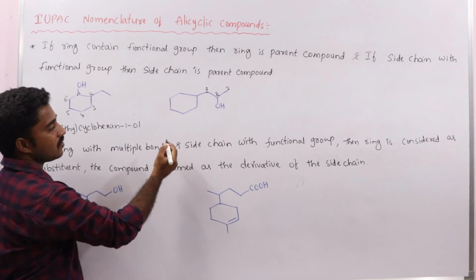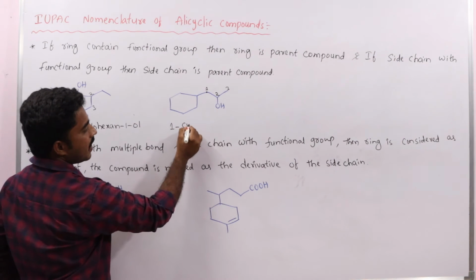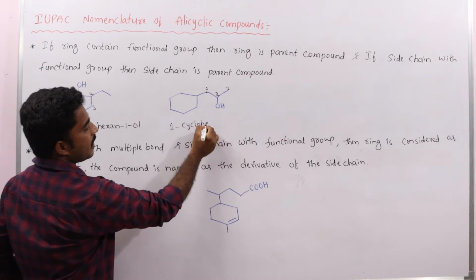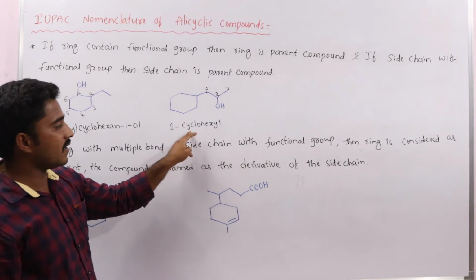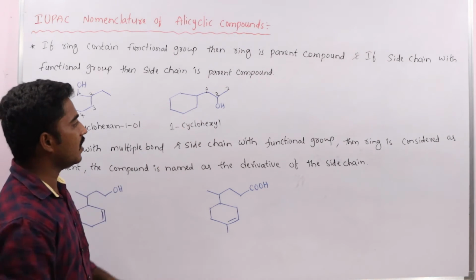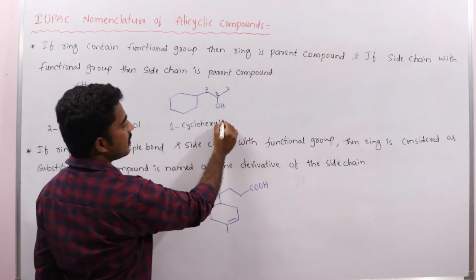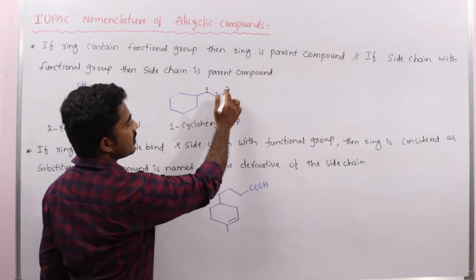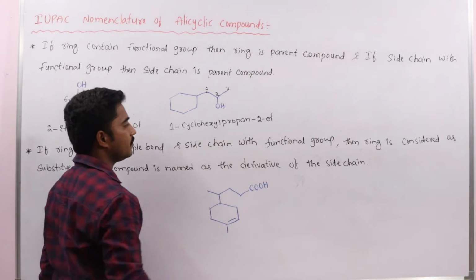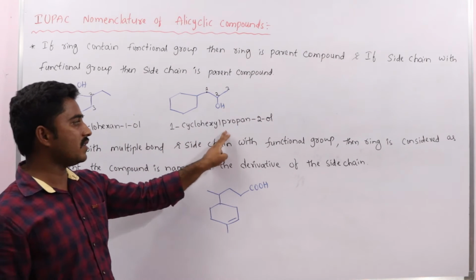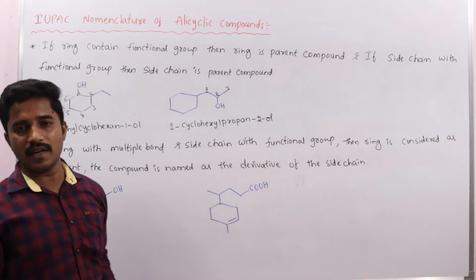Then we should write at first position, a cyclohexyl group is there. At first position cyclohexyl. Then what is the root word here? In the parent chain 3 carbons are there, that's why prop, this is a saturated one, that's why propane 2-ol. One cyclohexyl, propane 2-ol is the name.